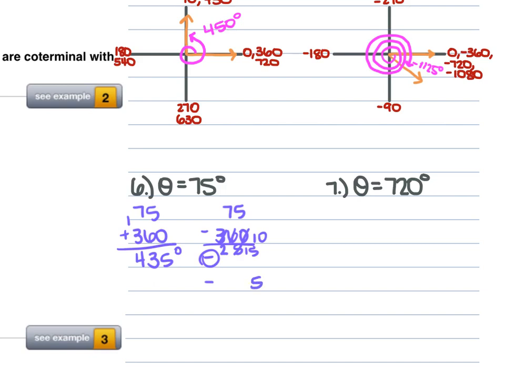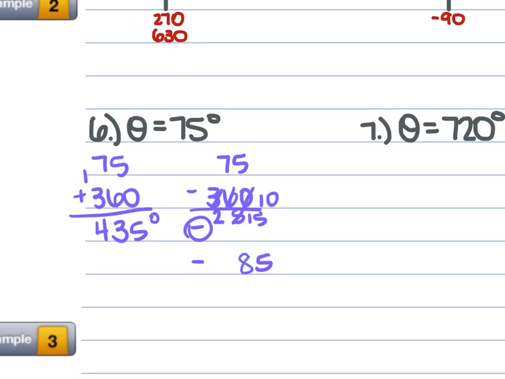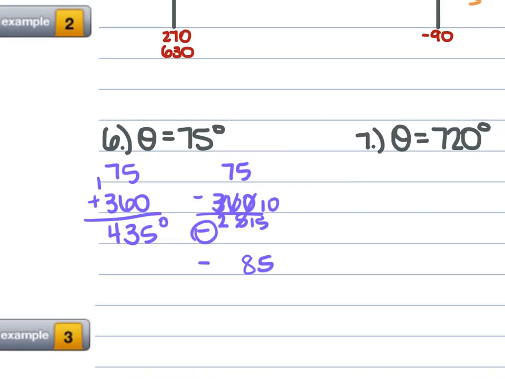The 15 minus 7 gives us 8. And then the 2 minus 0 is 2. So this is negative 285 degrees. So both of these are answers. Our positive is the 435 and the negative is the negative 285.